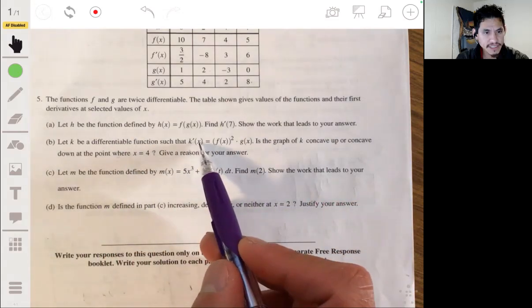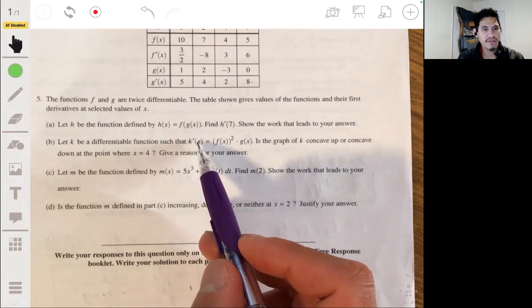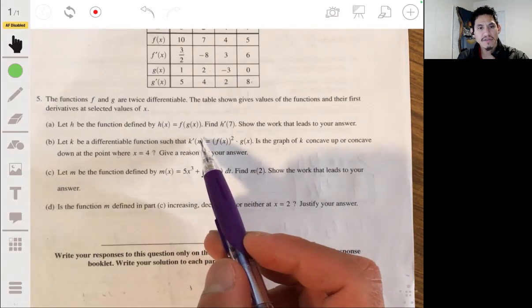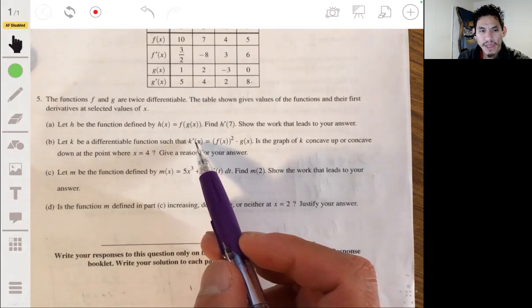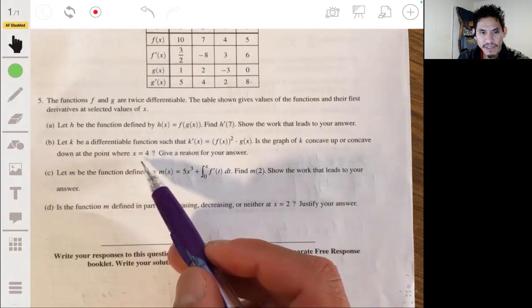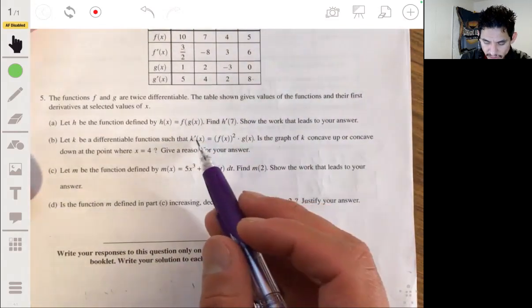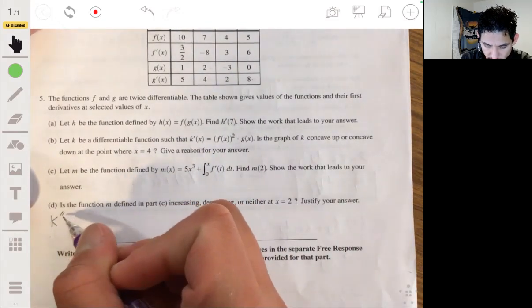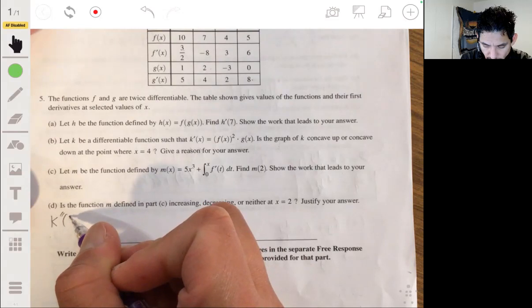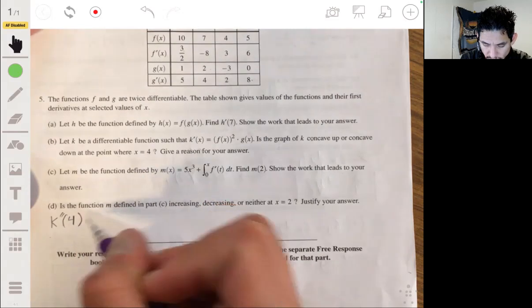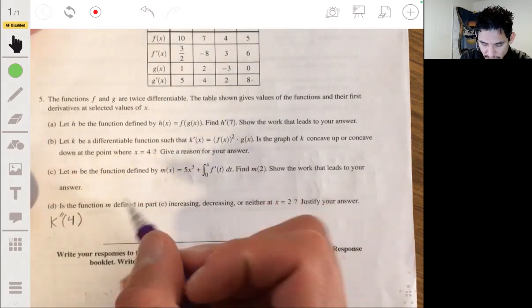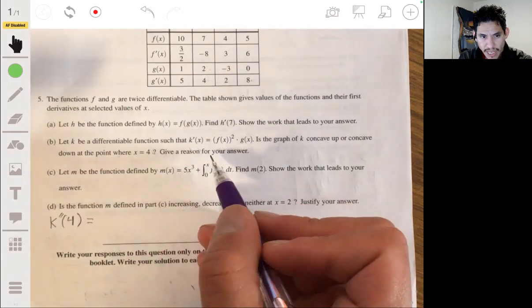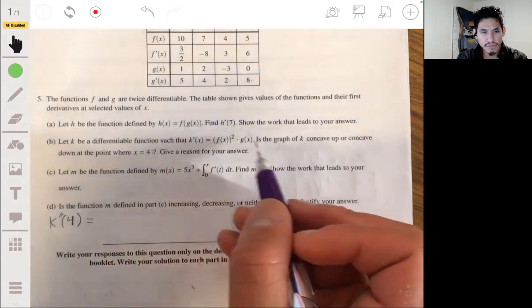So what we want to do is find the second derivative of k, and then if it's positive, it'll be concave up, or if it's negative, it'll be concave down at this point. So we want to find the derivative of this entire function. So k double prime of 4. So it asks specifically at 4. So what we do is we're going to have chain rule mixed with product rule.